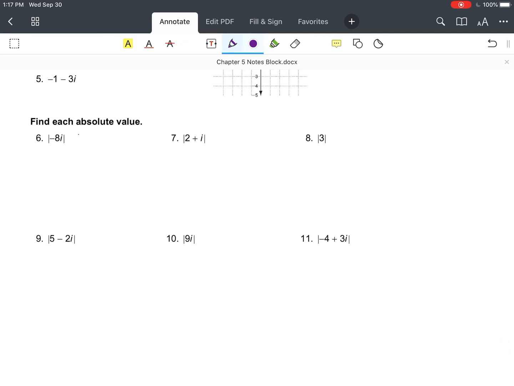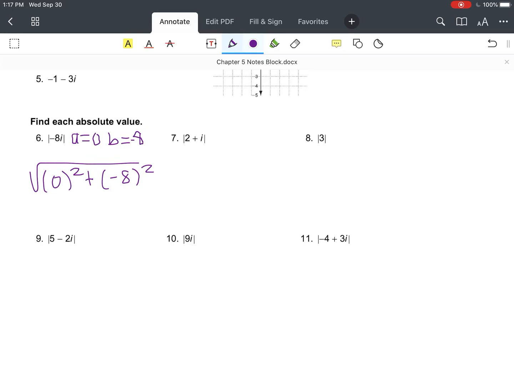Now, for finding the absolute value, for each you're just going to have to identify your a and your b, or your real part and your imaginary part without the i, square them, and then take the square root. In number 6, I don't have a real part. So my a would be 0, and my imaginary part would be negative 8. So I'm going to do the square root of 0 squared, substituting 0 in for a, plus negative 8 squared in for b.